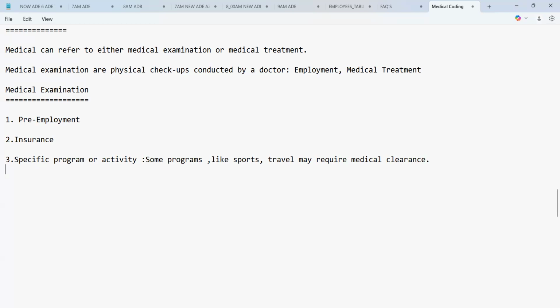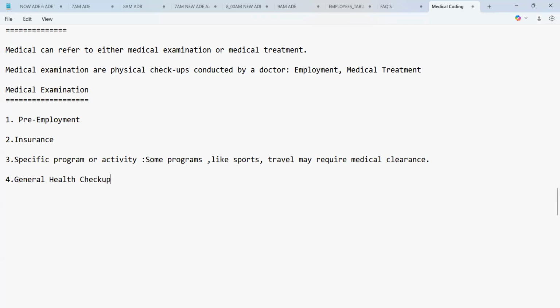And the next one, the fourth one, the purpose of conducting a general health checkup. General health checkup, guys.